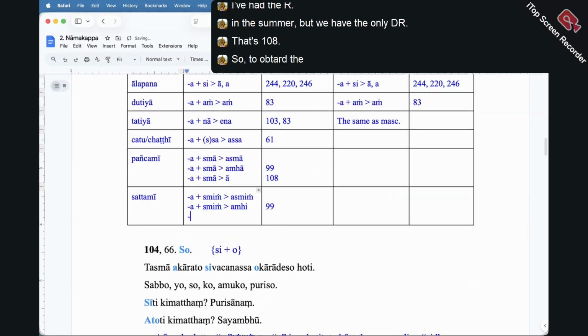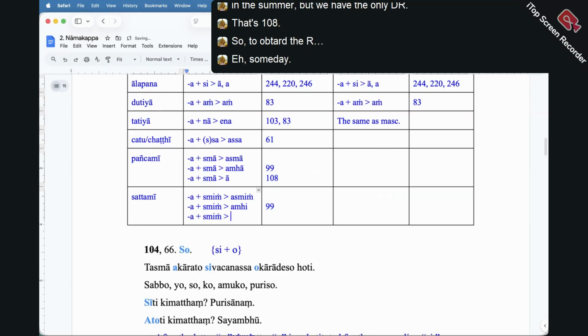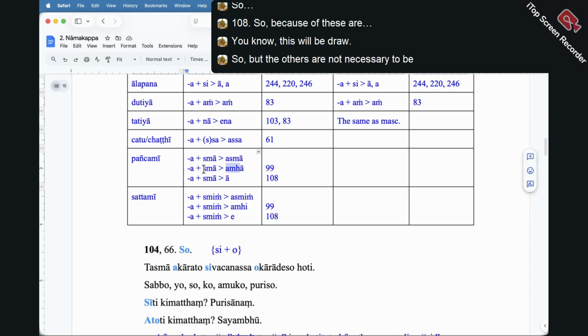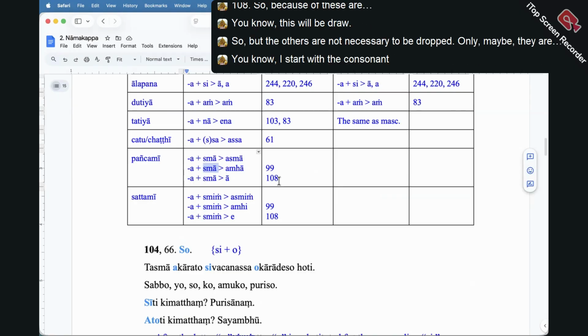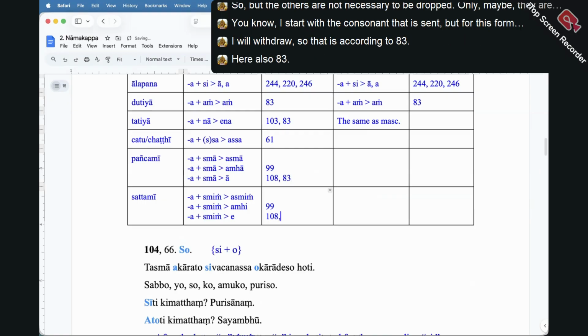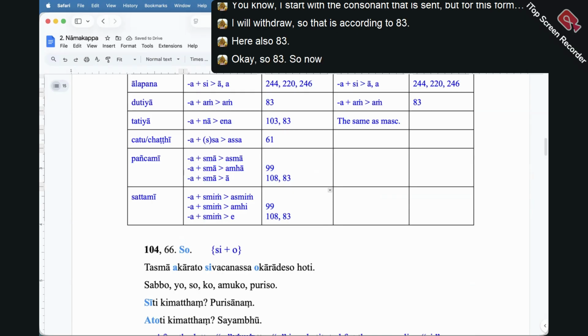So after the R and Samain, only the A. So because of this R, this R will be dropped. But the others are not necessary to be dropped, only maybe those starting with a consonant. But for this form, R will be dropped. That is according to 83. So now these are for singular.